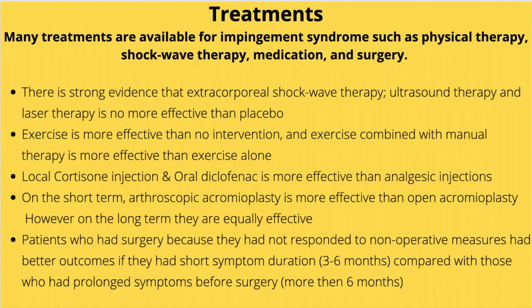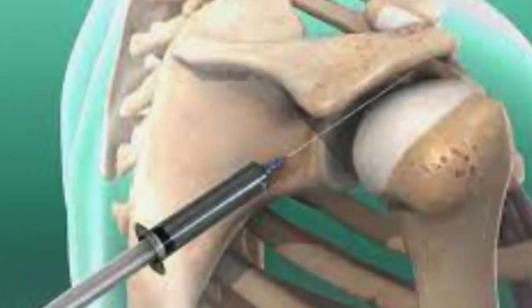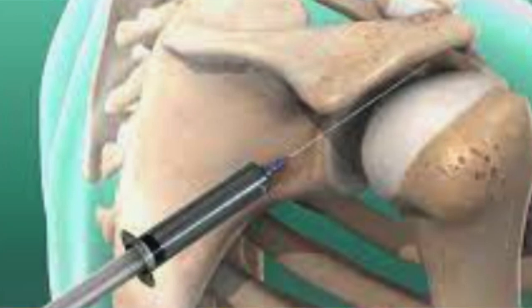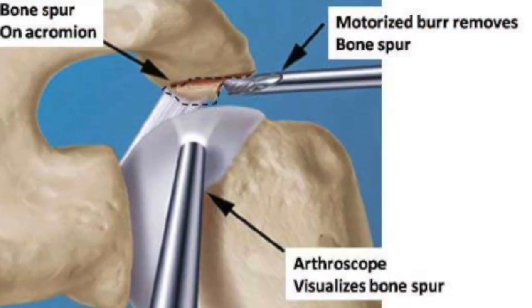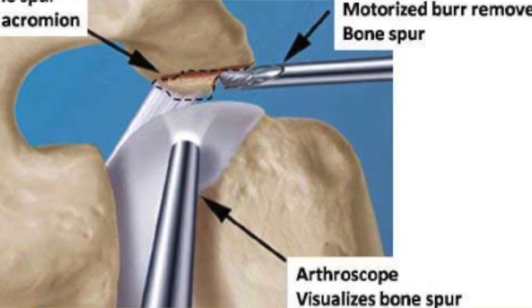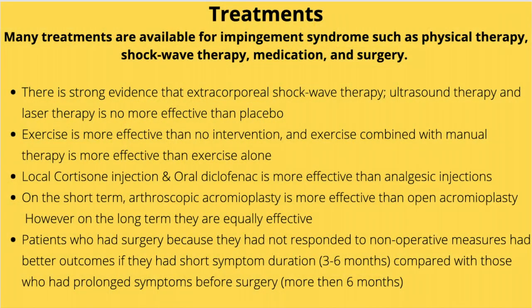In terms of medication, local cortisone injection and oral diclofenac seem to be more effective than analgesic injections. And when looking at surgical procedures, in the short term, arthroscopic acromioplasty seems to be more effective than open acromioplasty. However, in the long term, these are equally effective.